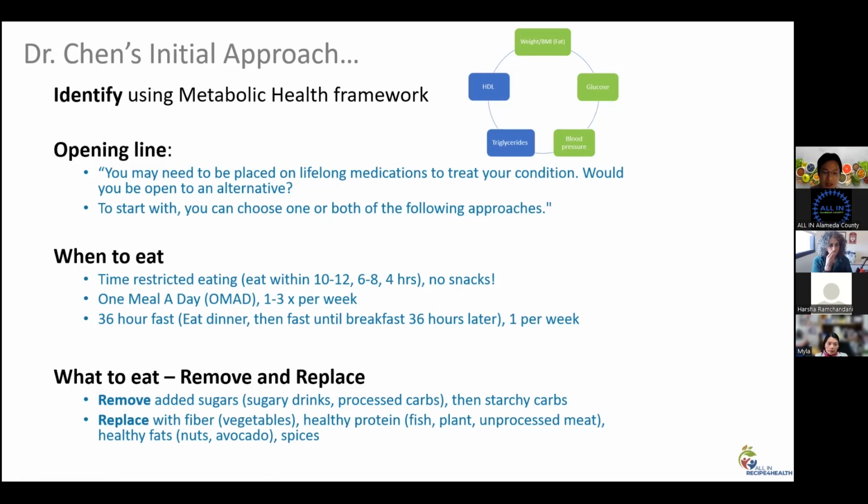And then usually eat a dinner that actually has more fiber-filling veggies or more healthy proteins, fish-based, plant-based, unprocessed meat, healthy fats, throwing in some nuts, avocados, and then making it all taste well with the spices. So these are kind of like my 15-minute intro. And I recognize I can't bring my patients back every week, right?